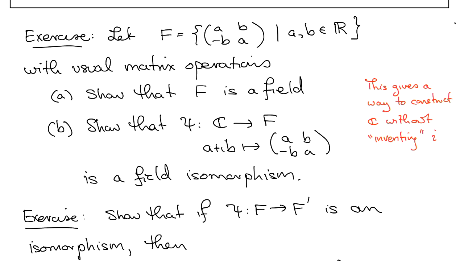But you don't really have to do that if you just work with matrices. Instead, you just take F to be this set of 2 by 2 matrices of this prescribed form, with a and b being in the real numbers. And it's just got the normal matrix operations. So as an exercise, I want you to check that it's a field.